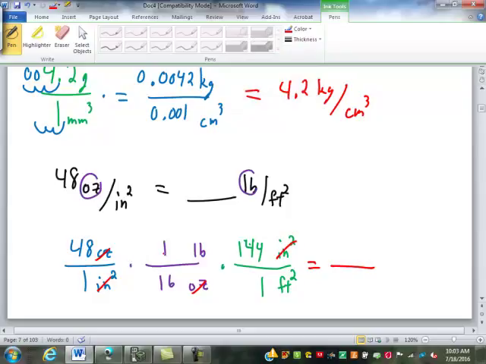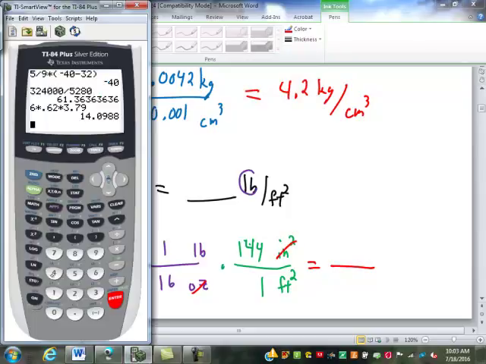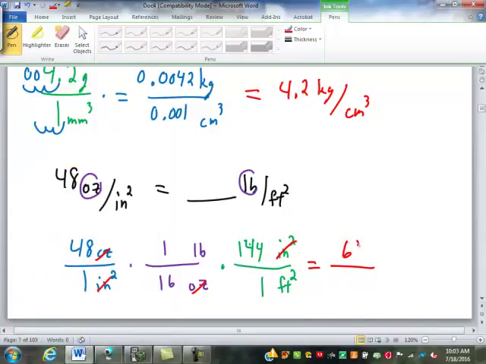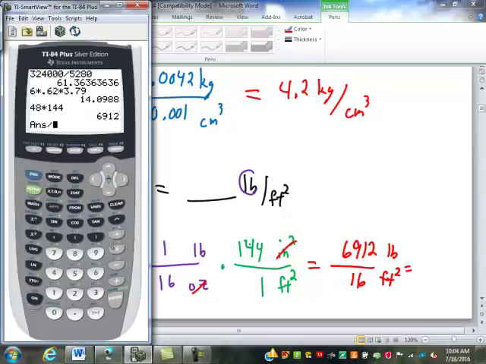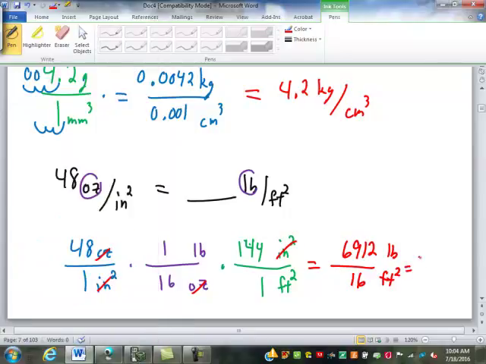So we have 48 times 1 times 144. 6912. And the only units left on top are pounds. On bottom, 1 times 16 times 1 is 16, and that is square feet. So divide the 6912 by 16 gives us 432. That is pounds per square foot.